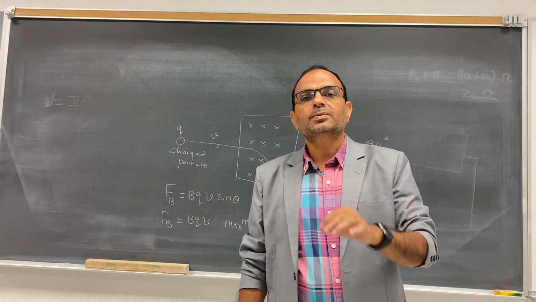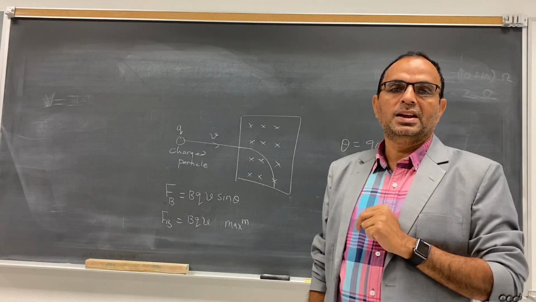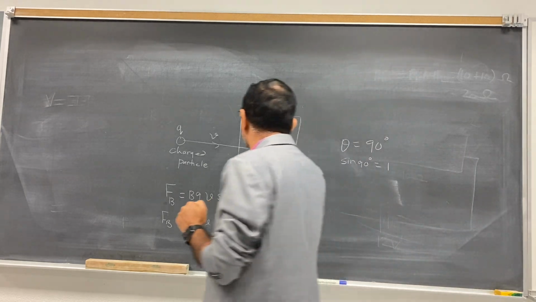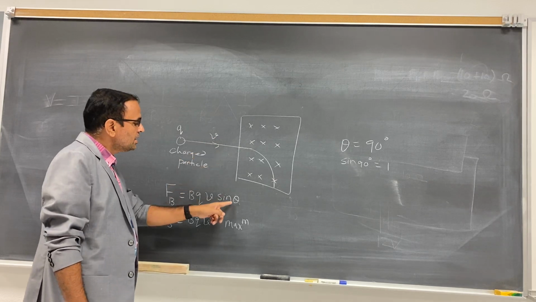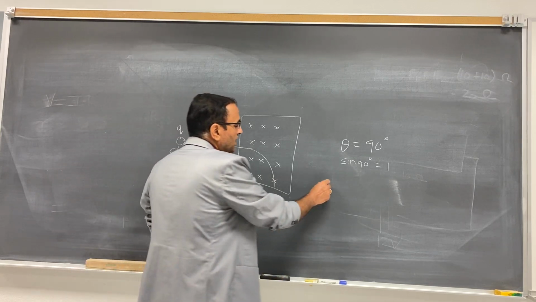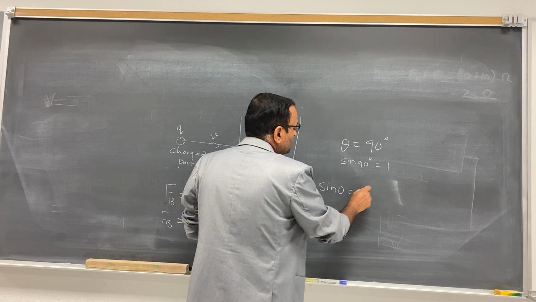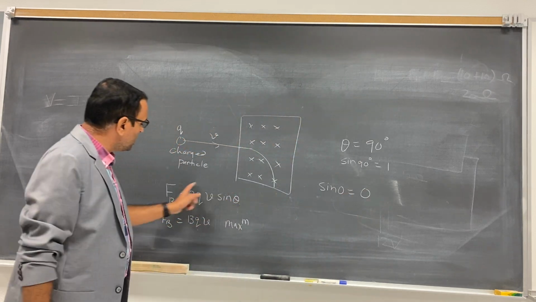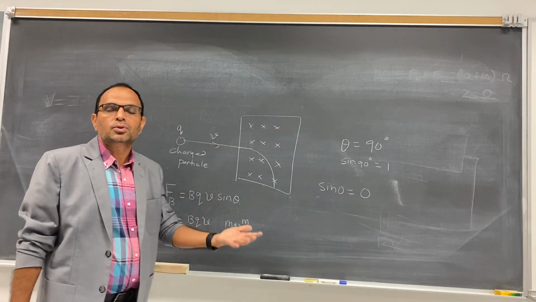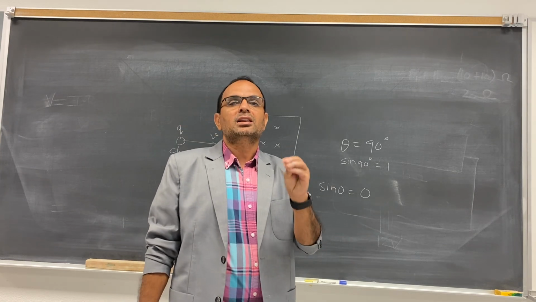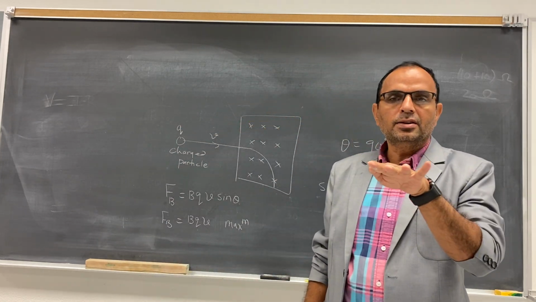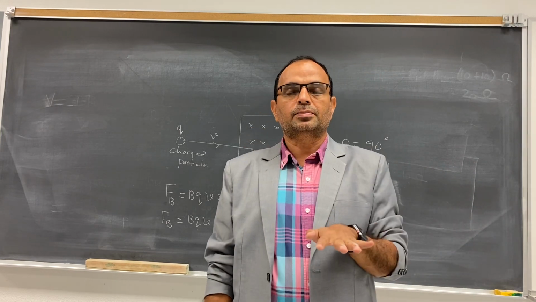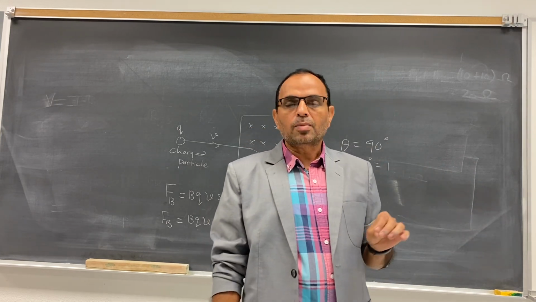Or the charged particle is moving parallel to the magnetic field, because this theta is the angle between the magnetic field and the speed v. If theta equal to 0, then you know that sine 0 equal to 0. Then if you plug 0 here, everything is 0. That means the magnetic force is 0. What does that mean? That means if the charged particle is moving parallel to the magnetic field, no force on the charged particle. So we already talked about this.